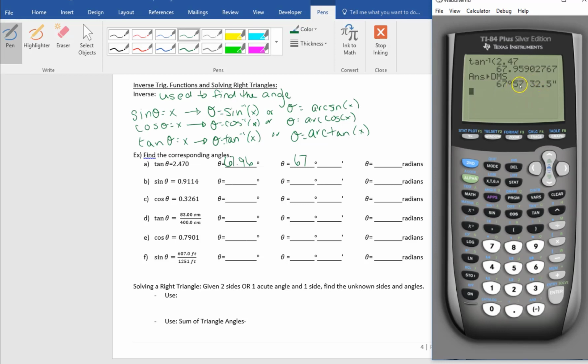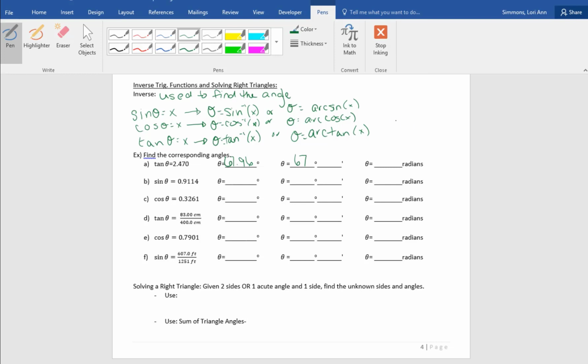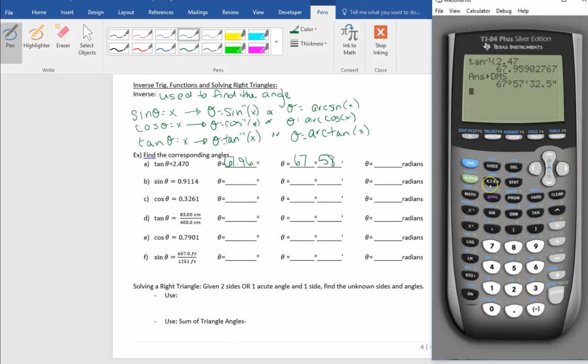So we're going to round this to 58 minutes. What I recommend is doing all of these and then change your calculator to radians, so you don't have to go back and forth so much if you understand it well enough.